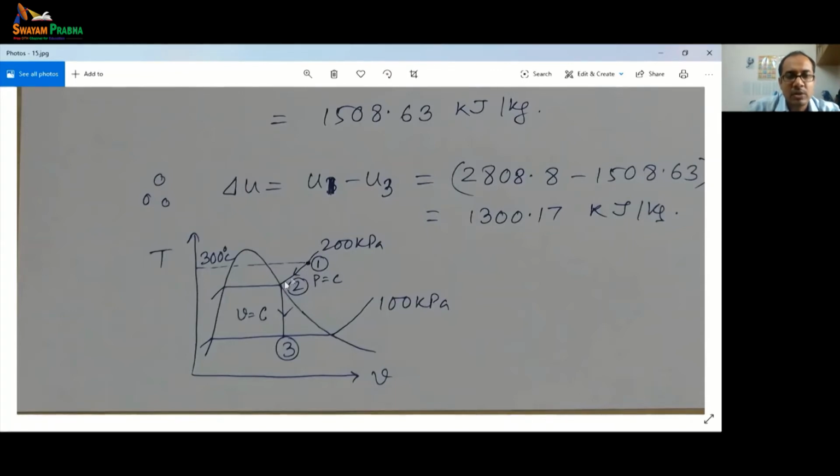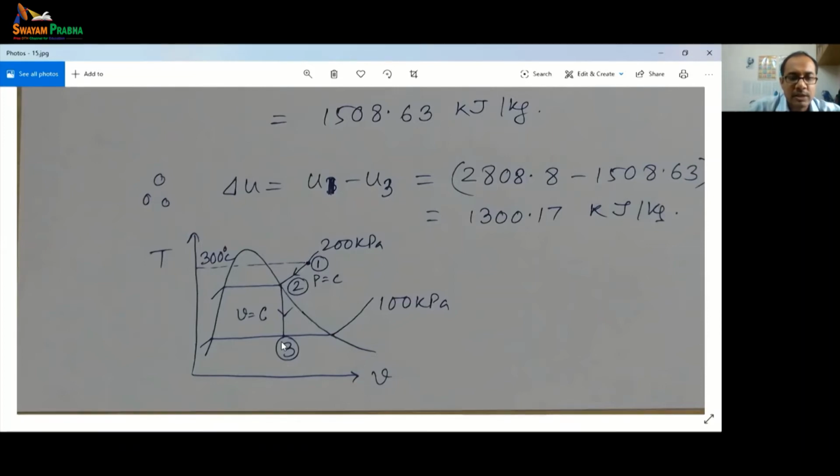After that, when the piston hits the stops, it follows a constant specific volume process. Here you see that this is perpendicular to the v axis. Constant specific volume means it has to be perpendicular to the specific volume axis.